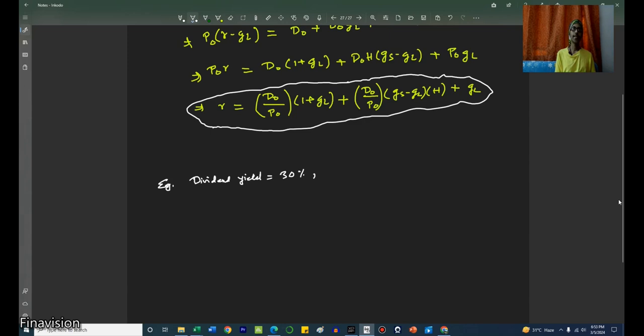It has its initial growth rate at 15%, which declines to 8% over a period of 10 years, right? What we need to do is find out the required rate of return.